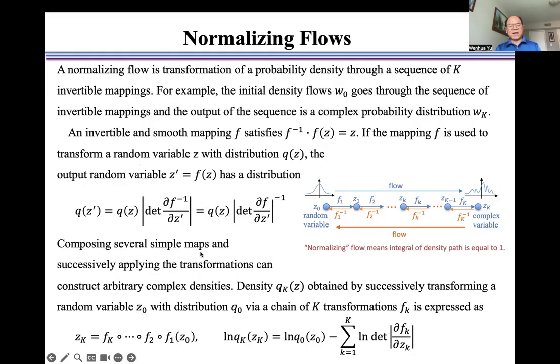Composing several simple maps and successively applying the transformations can construct arbitrarily complex densities. The density q_K obtained by successively transforming a random variable z0 with a distribution q0 via a chain of K transformations f_k is expressed as shown here.